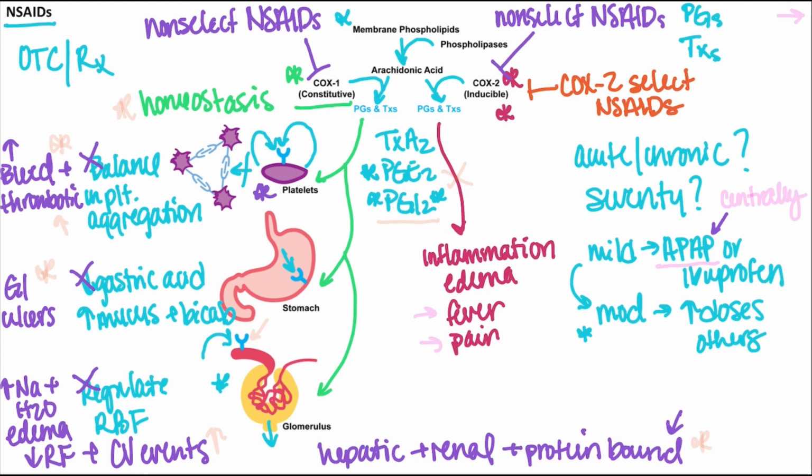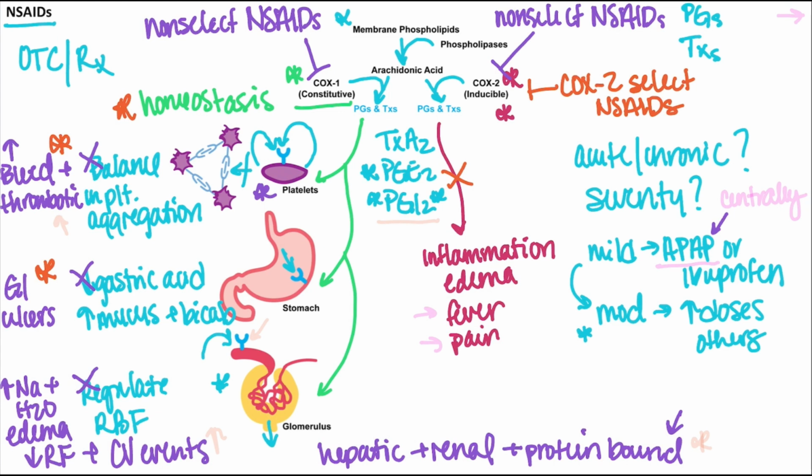like celecoxib are going to have greater selectivity for that COX-2 enzyme inhibition, which again is our primary target in the case of pain and inflammation. So the idea was that all of these homeostatic processes that were altered by our non-selective NSAIDs would be less concerning with these COX-2 selective agents, which is true at least in part because the risk of GI ulcers and the risk of bleeding is reduced with our COX-2 selective agents.